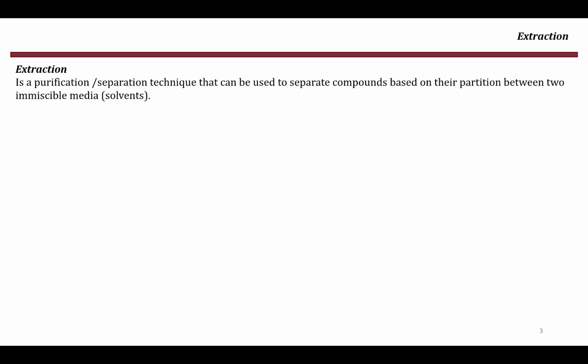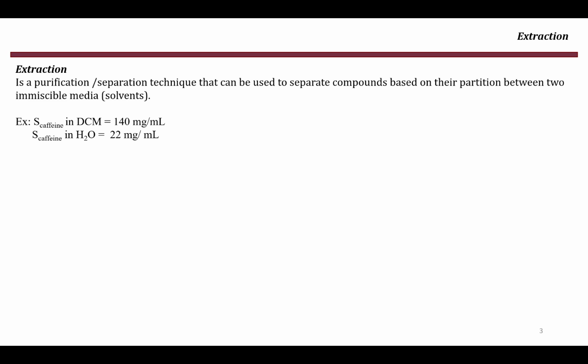Now, how does the separation of a compound take place? We will talk about this later on in the upcoming slides, but for now, let's just take a simple example. For example, if we talked about the solubility of caffeine in dichloromethane, which is 140 milligrams per milliliter, compared to its solubility in water, which is 22 milligrams per milliliter, we can definitely see that caffeine is more soluble in dichloromethane.